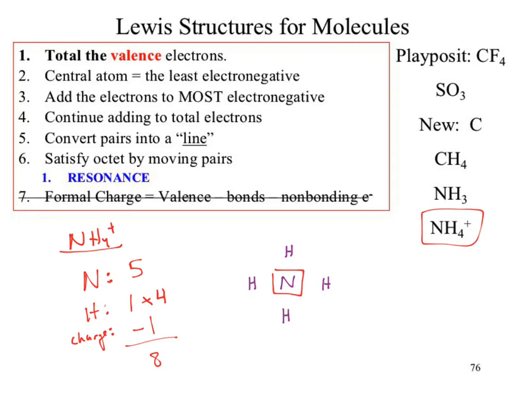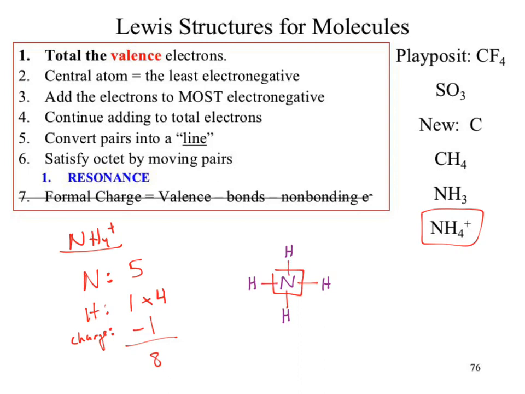Just draw lines everywhere. I would argue you should always just go through and start placing electrons. So, electrons, electrons, electrons, electrons. Some people say that's redundant, because all you're going to do is go through and erase all of those lines.